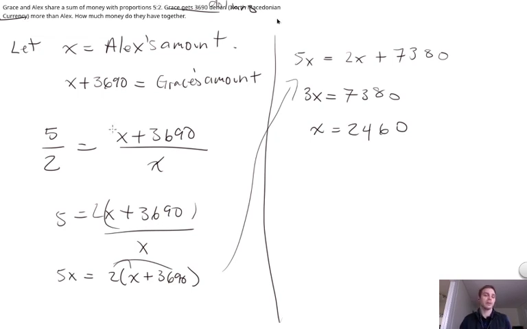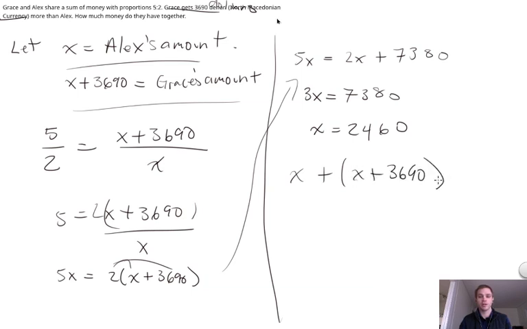So how do we think about that? Well, it's Alex's amount plus Grace's amount. So we need to do X plus X plus 3,690. Alex's amount is X plus Grace's amount, which is X plus 3,690.